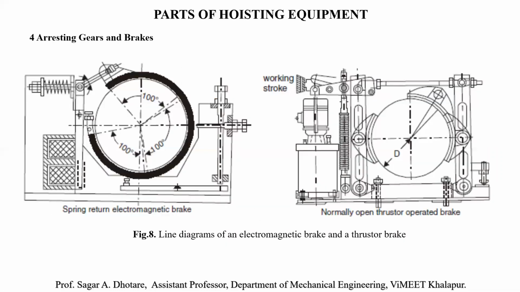The brakes are usually used for a dual purpose: for holding the suspended load at rest, and for controlling the speed of lowering of the load. Some of these brakes can be operated manually, while sometimes they are automatic.